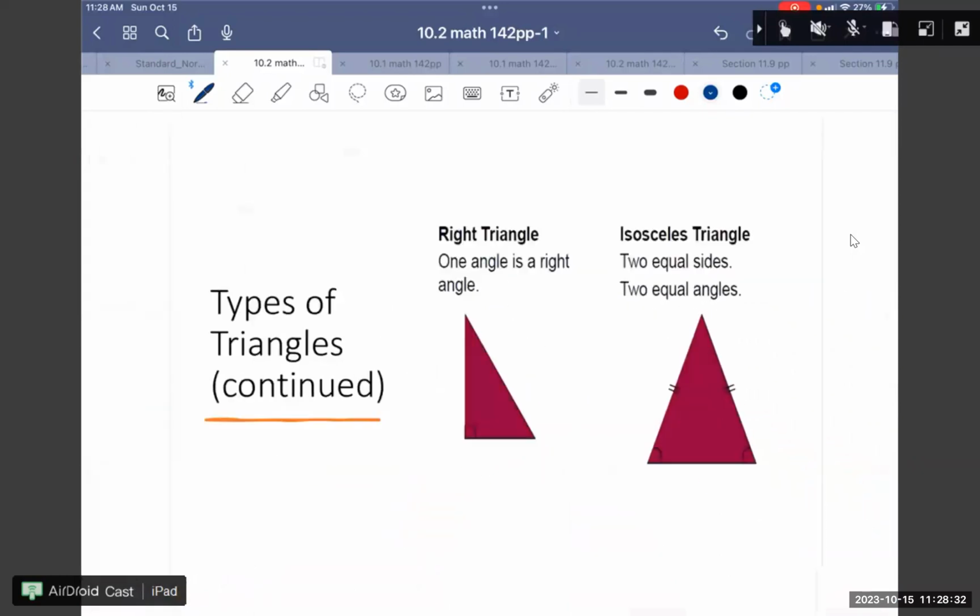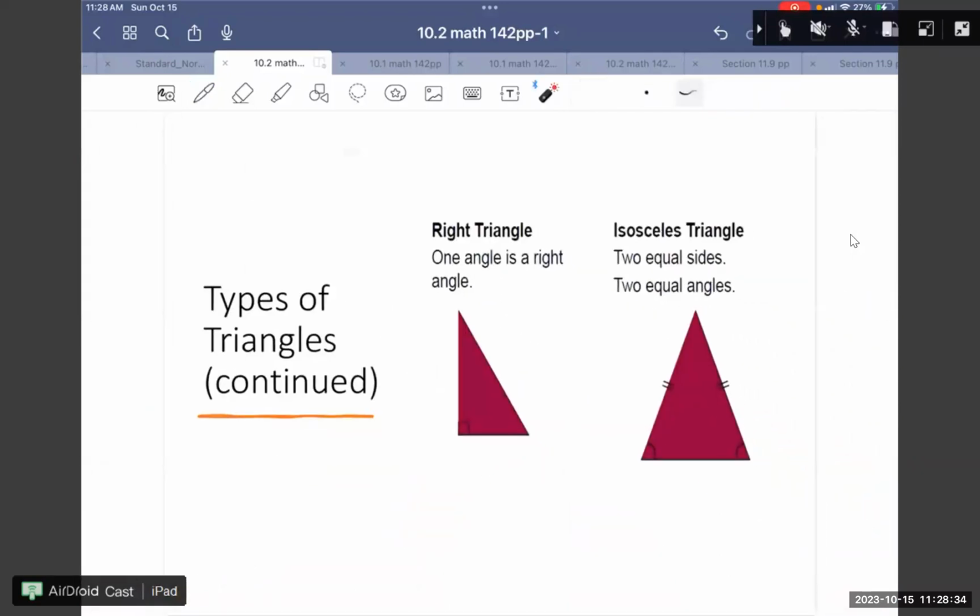So we have the types of triangles. The right triangle has one right angle, a perpendicular, which is 90 degrees. The isosceles triangle has two equal sides and two equal angles.